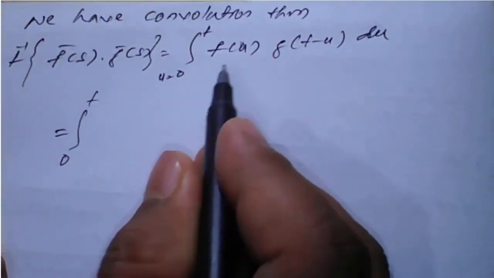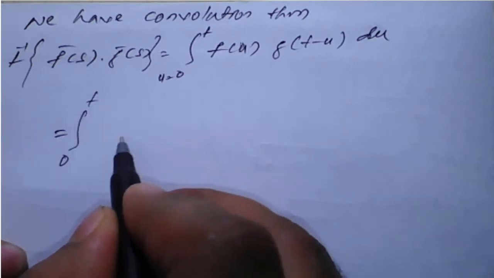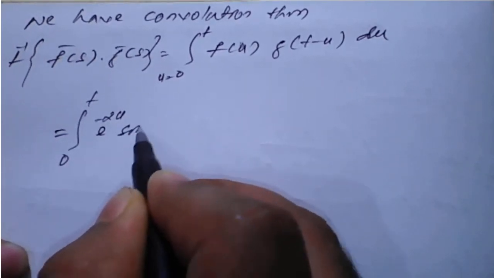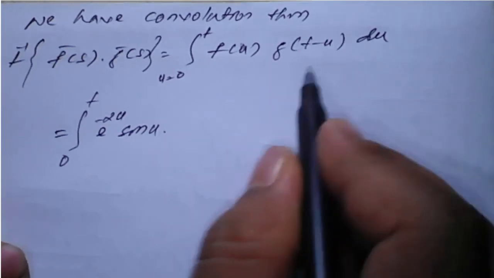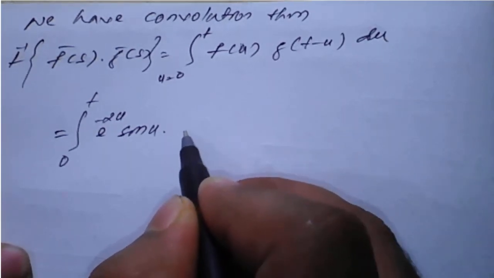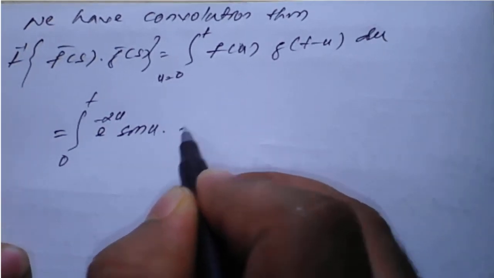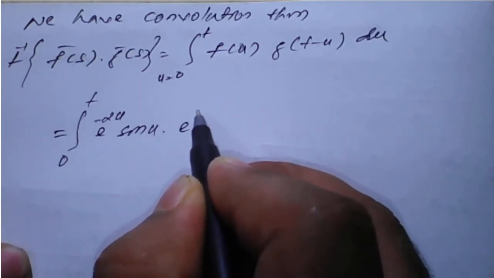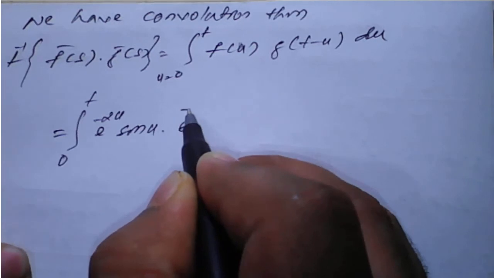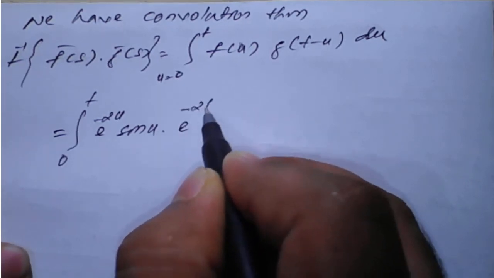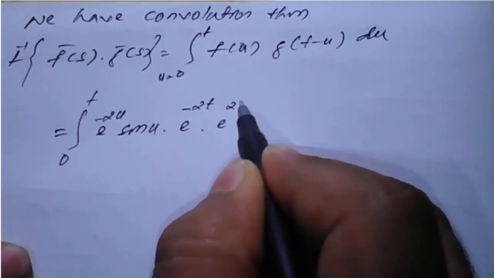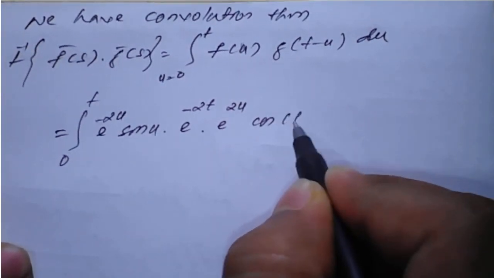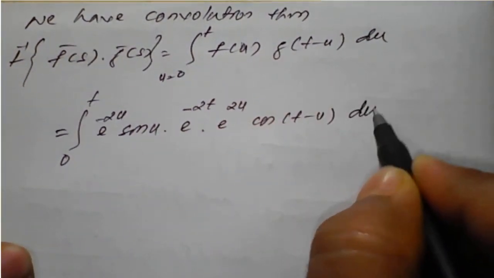0 to t, f of u is nothing but e raised to minus 2u into sine of u, into g of t minus u, which is e raised to minus 2t into e raised to 2u into cos of t minus u du.